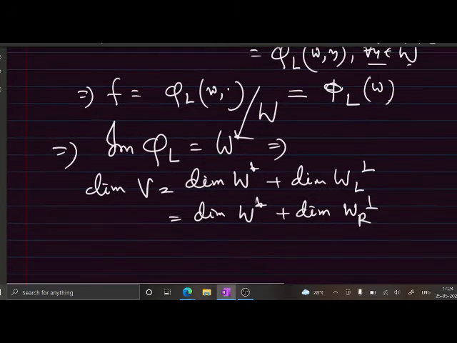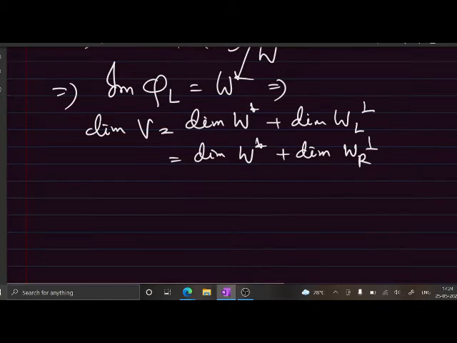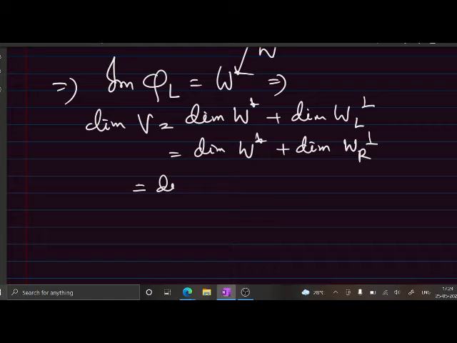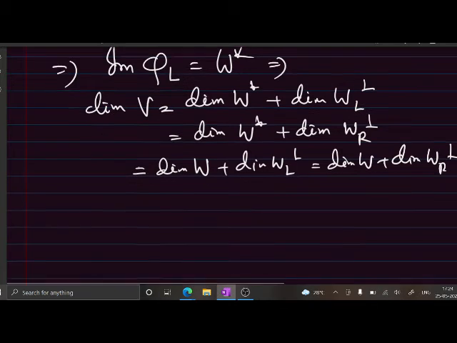But the dimension of W star is equal to the dimension of W, so therefore it is the dimension of W plus the dimension of WL perp, or the dimension of W plus the dimension of WR perp.